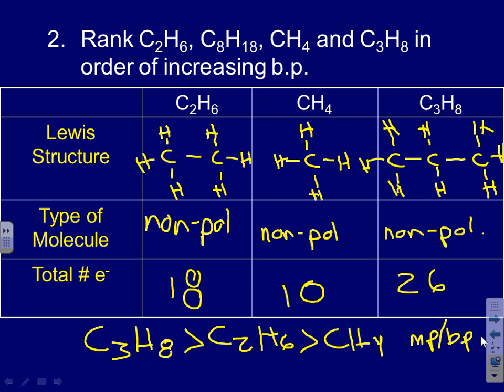It has the most electrons and therefore it has the greater London forces. You'll be asked to complete a logic argument that goes with that, and all you'd say is because it has greater London forces due to the increased number of electrons, right? So due to greater London forces, all right? Because it has more electrons.